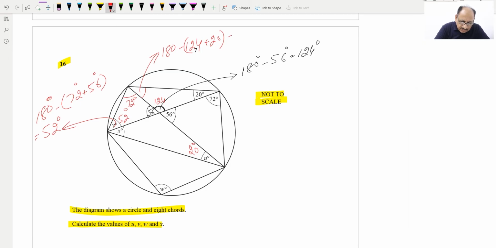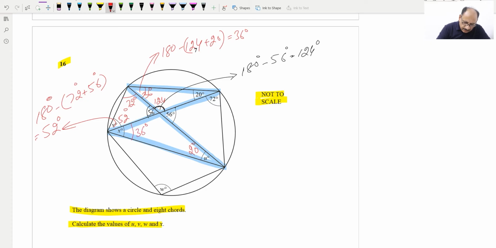So we got this angle as 36 degrees. Now we will be considering the top angle. One top angle is the one which we just found, 36, and the second top angle will be this one. So this angle will also be 36.